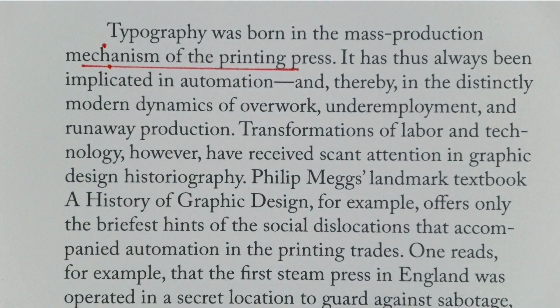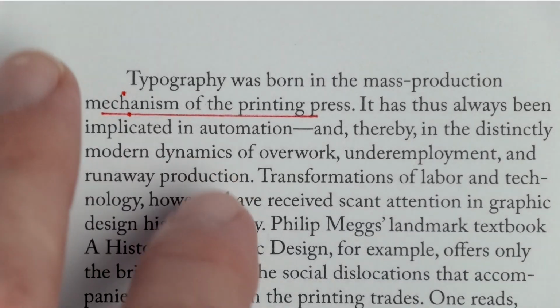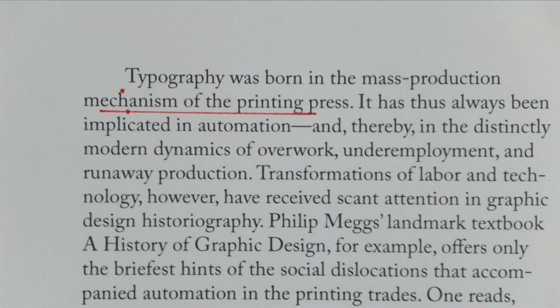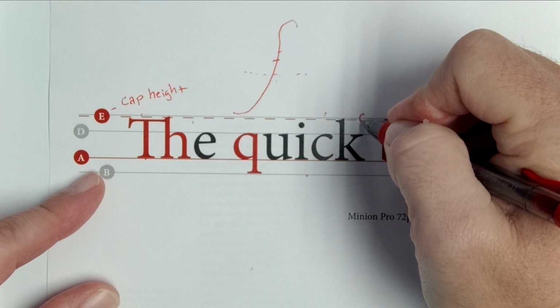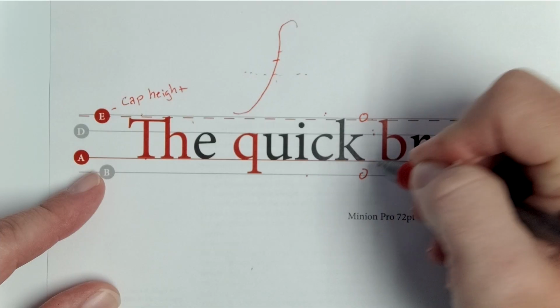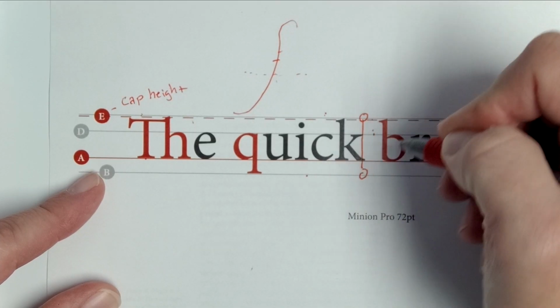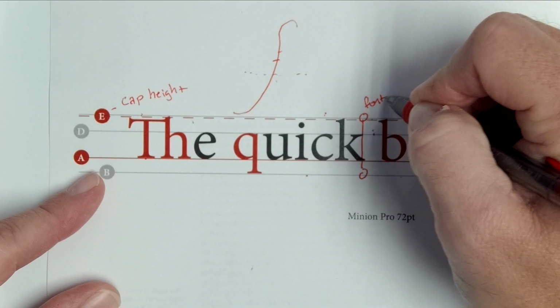So to measure a font, any font, on any page, in any layout, the measurement is from the ascent line to the descent line. That is going to be your font size.